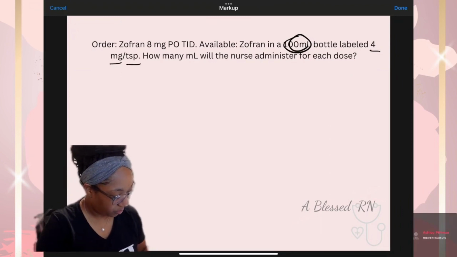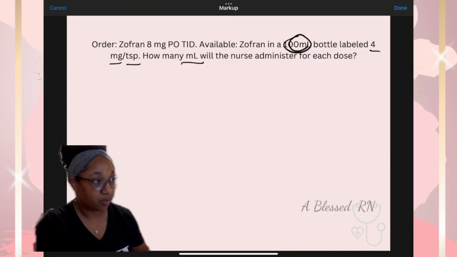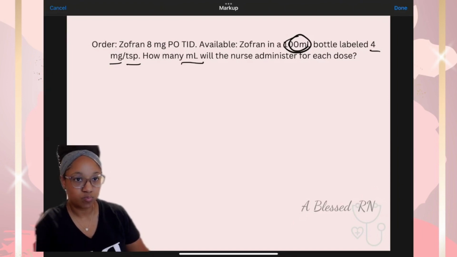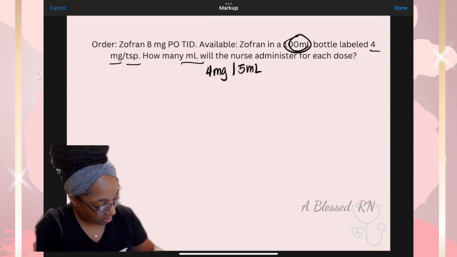All right, so we need to do dimensional analysis. What are we looking for? mLs. So I like to start with my mLs. How many mLs is in 1 teaspoon? 5. So our concentration will be 4 milligrams per 5 mLs.